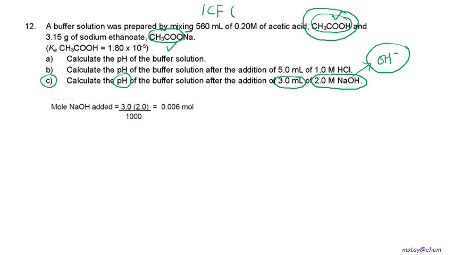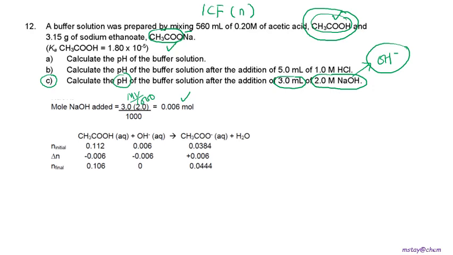Again, before we proceed to the calculation, we know that we are going to use the ICF table, and the unit in the ICF table must be in number of mole. So we convert the number of mole for the NaOH using the formula mv over 1000. Just now we mentioned the OH negative will react with CH3COOH to produce CH3COO negative and also H2O.